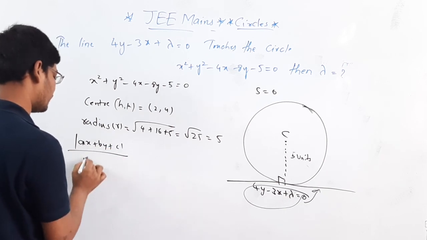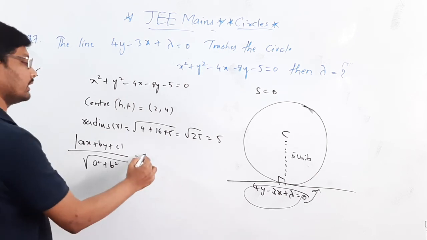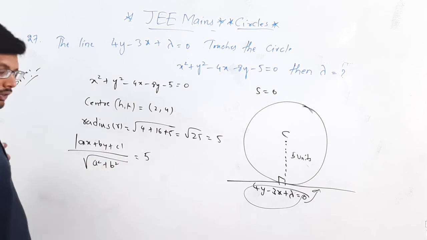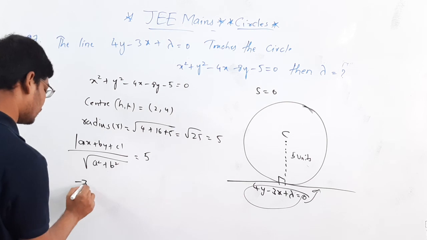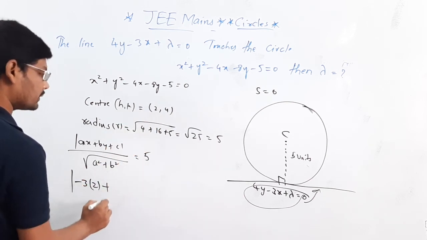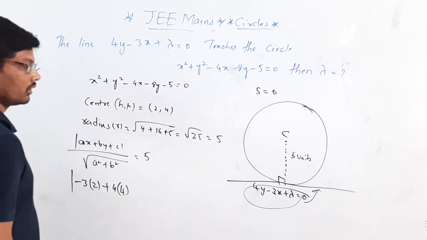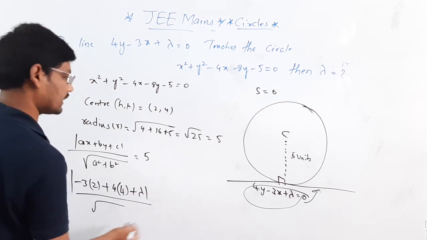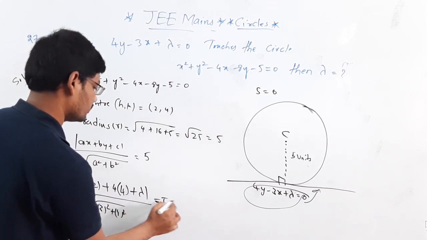Plus c by square root of a square plus b square is equal to the perpendicular distance. Here, the perpendicular distance is given as 5. Substituting the values: a times x is minus 3 times the center's x-coordinate, plus b times y is 4, and then 4 plus lambda, we don't know the lambda value, divided by square root of 3 square plus 4 square, is equal to 5.